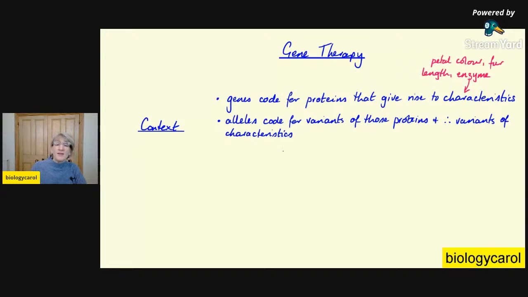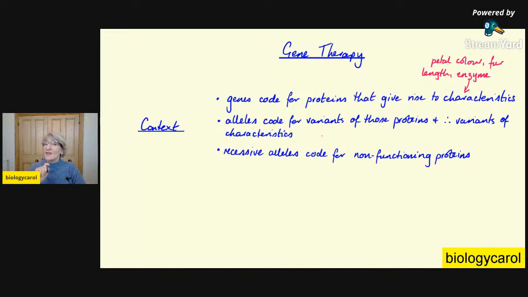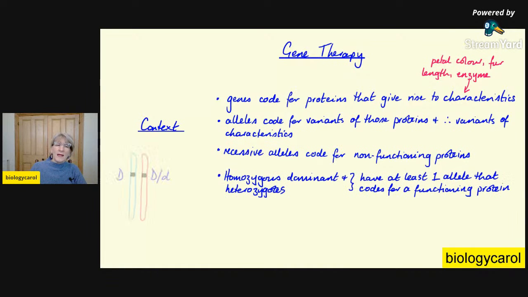And then this is the thing that I need to point out to you, and this is important for understanding why recessive alleles are so important in terms of some of these genetic disorders. Because practically every recessive allele codes for a non-functioning protein. Hopefully, it makes sense that chromosomes come in pairs and therefore genes come in pairs, one from mum and one from dad.